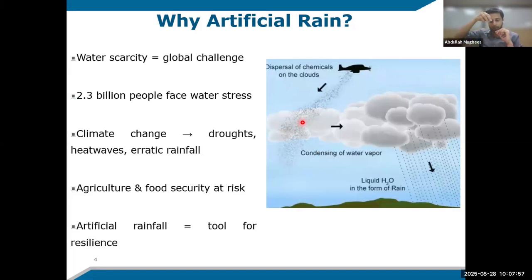Okay. So when these chemical particles go into the cloud, they attract the nearby water vapors like a magnet. When water vapors are attracted and touch each other, they become a larger water droplet. Previously, it was many, many small water vapors of less mass. Now, after spraying this chemical, all those small tiny particles join together and become a large water droplet, which under the influence of gravity falls to the ground, and we see, yeah, it's raining.